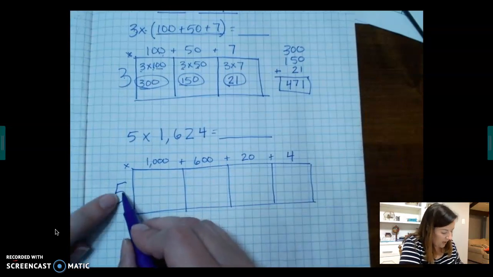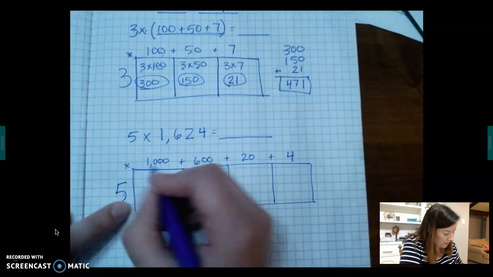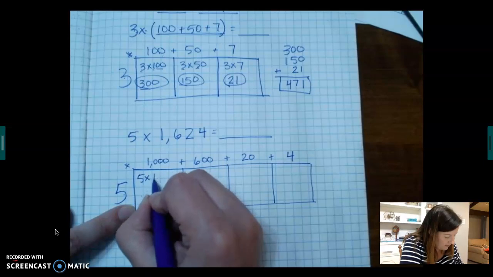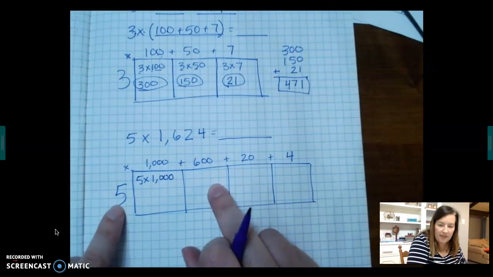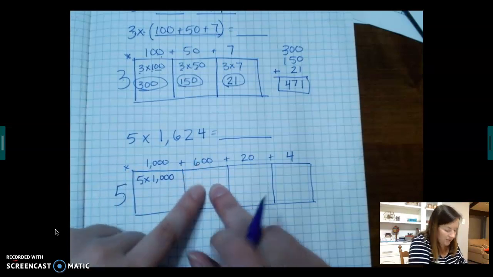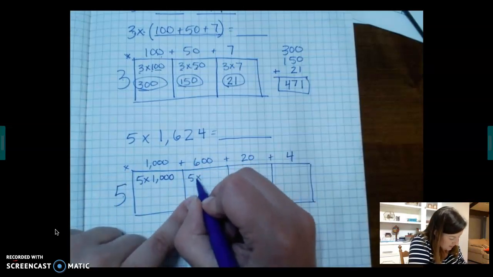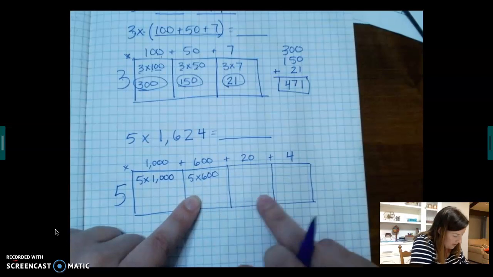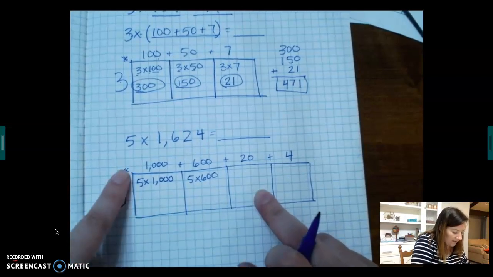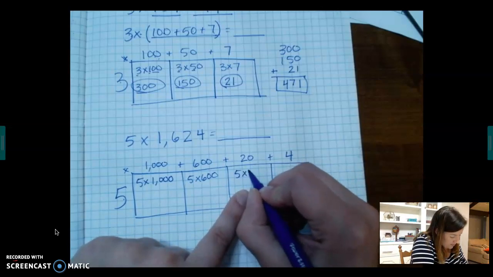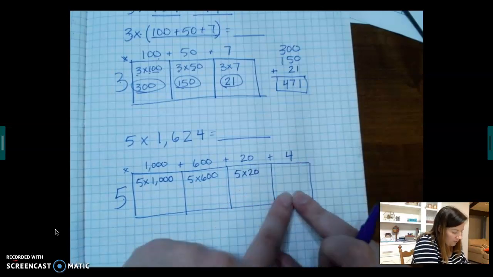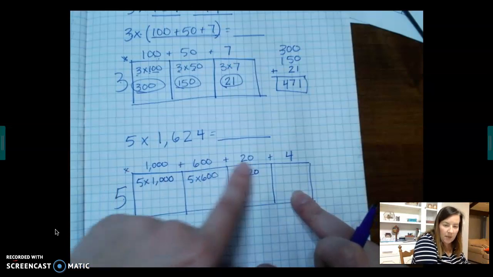So in this first box, it's 5 times 1,000. Okay, the second box is 5 times 600. This third one is 5 times 20. This fourth one is 5 times 4.